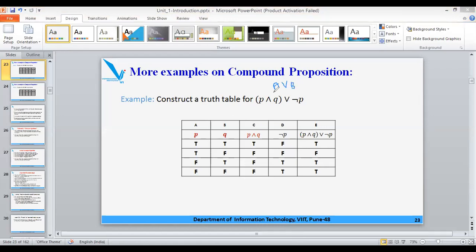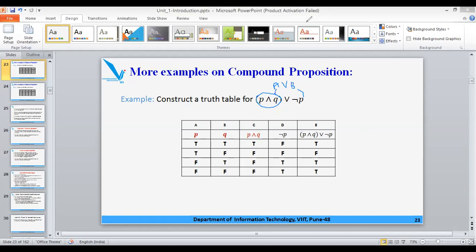This whole bracket is the representation of A, and B is the negation of P. We need to calculate the truth table for P and Q separately, and after having that, we can OR it with this value. So this is the compound proposition. Let's start.